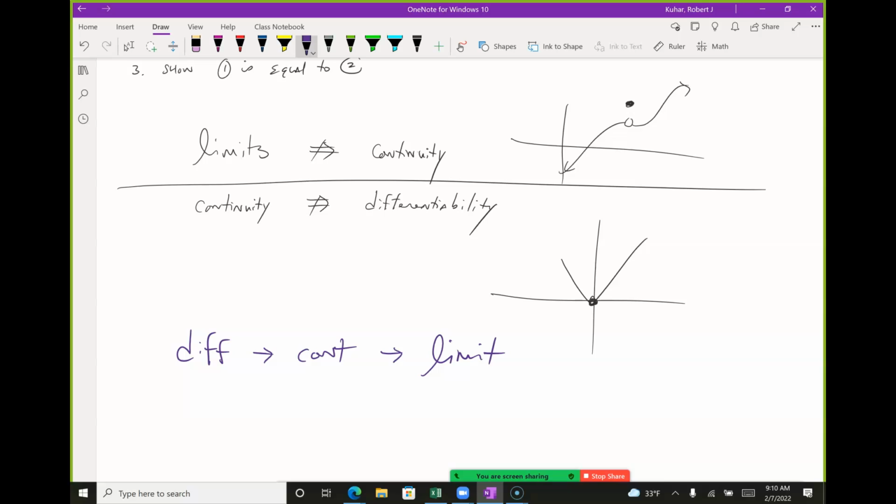So I don't have these implications starting with the limit to continuity to differentiability, but the reverse I do. If I'm differentiable, then I definitely can get the slope, and I can stand on the hill, which means if I'm continuous, there's no hole there. I'm not falling through the hill. And certainly I can figure out the height, the limit.